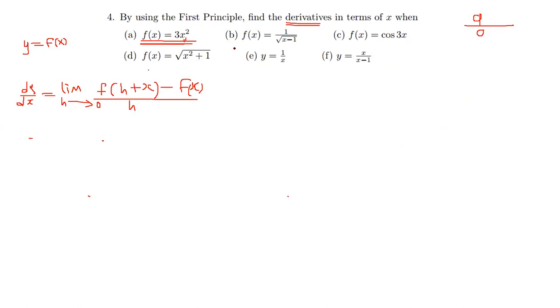So the second question here is saying f of x is equal to that. We first have to find f of h plus x, meaning in this expression that we've been given, where there's x, you put h plus x. So in short, we're going to be finding the limit of that when h is approaching 0.